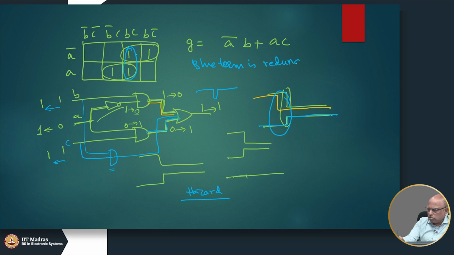So, in your college digital design class, you may have been told not to include such terms because it is extra logic. It is more expensive to unnecessarily add an extra term. But there is some advantage in adding that extra term. So, this eliminates this hazard. But the disadvantage of having that extra term will be that some faults cannot be tested.